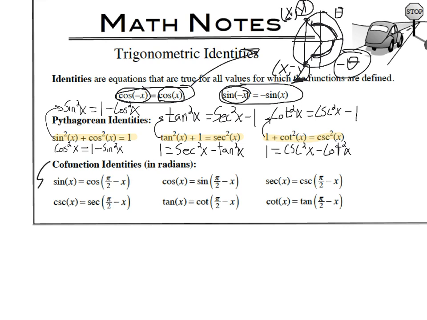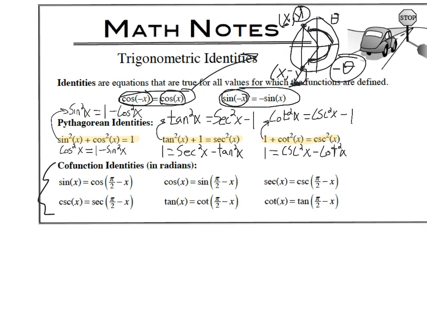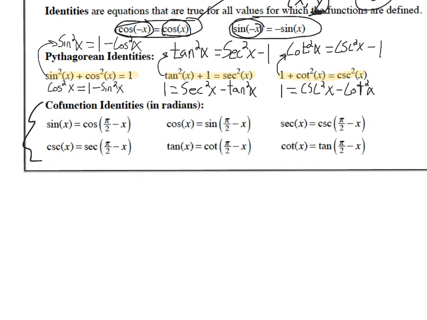And here are some cofunction identities, where the sine of an angle is equal to the cosine of pi over 2 minus x. Many of you use this to memorize the unit circle.